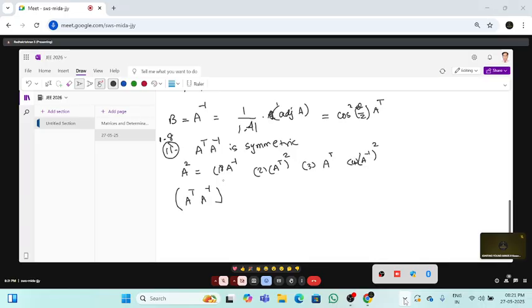A is equal to A transpose. Correct. In this case, the matrix is A transpose into A inverse, that is symmetric. So if you transpose that, you are going to get the same A transpose into A inverse.